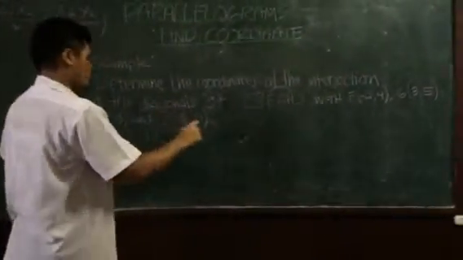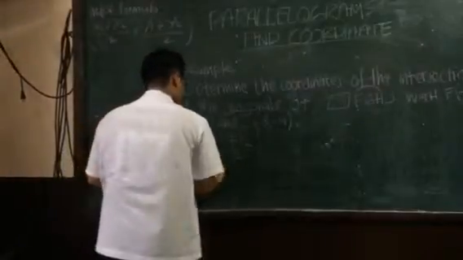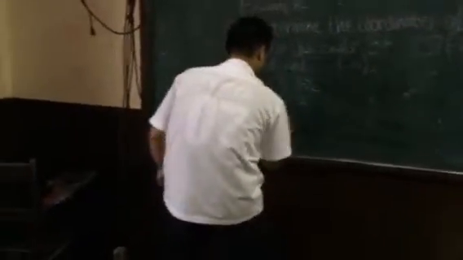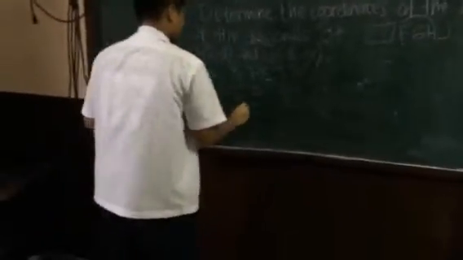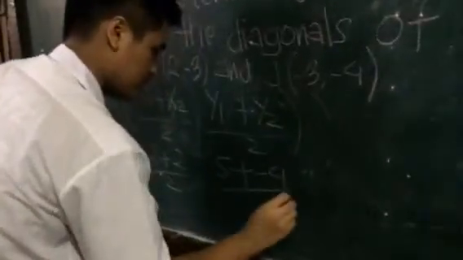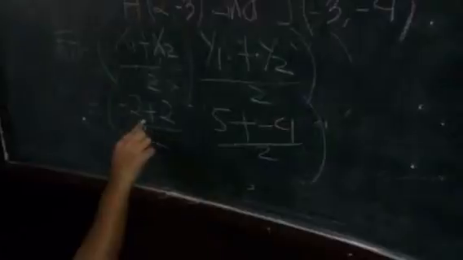And we are going to substitute it. The x sub 1 here is -2, and the x sub 2 is 2, divided by 2. And the y sub 1 here is 5, and our y sub 2 is -4, over 2. Then, -2 plus 2 is 0, and we divide it by 2.